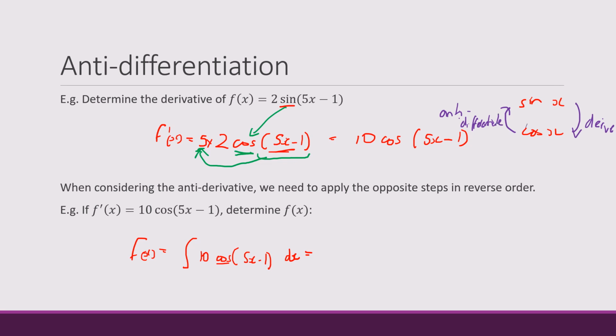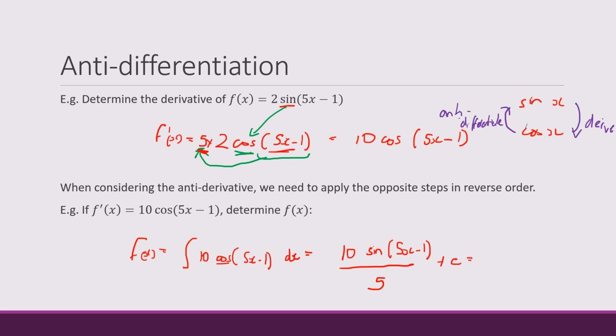So the cos changes to a sine, giving 10 sine 5x minus 1. Instead of multiplying by 5, this time we divide by the derivative of what's in brackets, just like with our exponential problems.